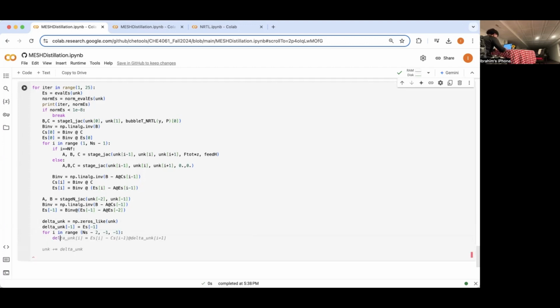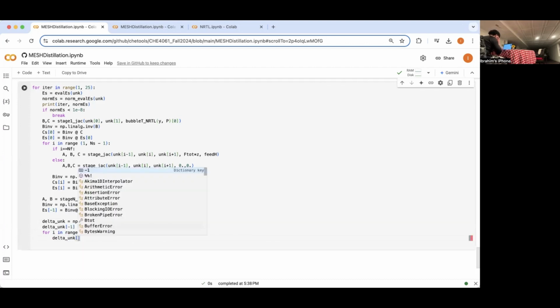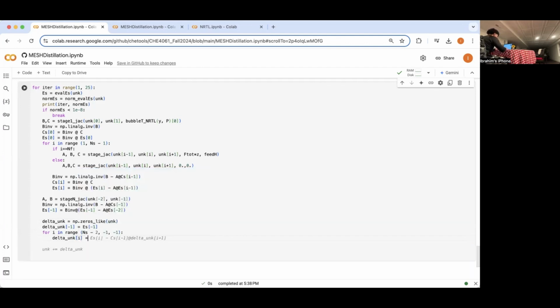Our delta underscore unknown as a function of i is going to be equal to our e's as a function of i minus our c's as a function of i, and then at matrix multiplier for delta underscore unknown for our i plus 1.